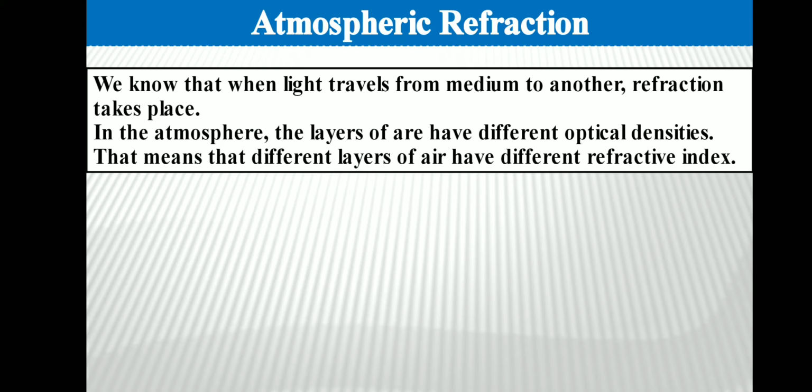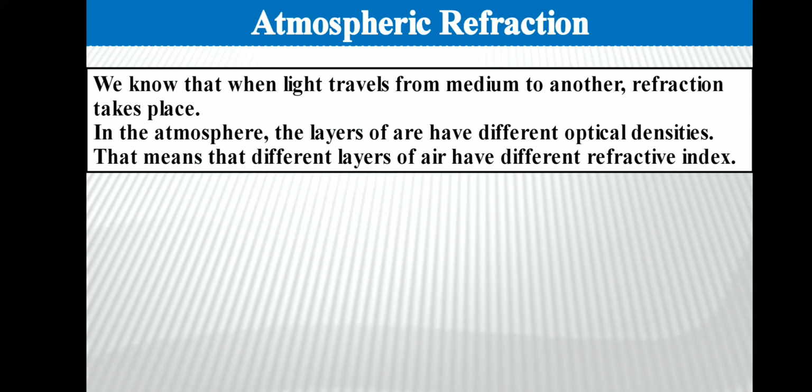In the same way, in the atmosphere, the layers of air have different optical densities. That means in the atmosphere all the layers are not identical. There are different layers having different densities due to the temperature. Hot air has less density and cold air has more density.